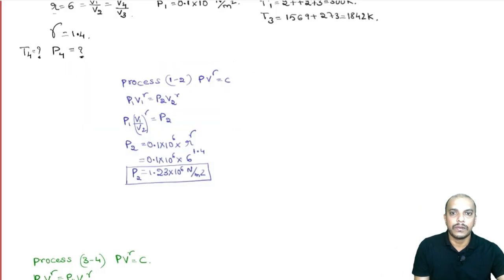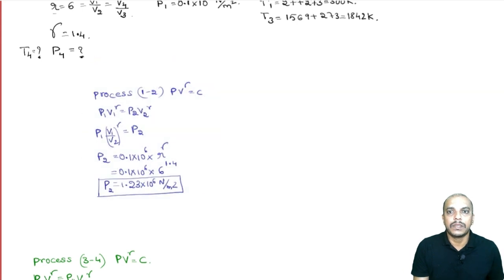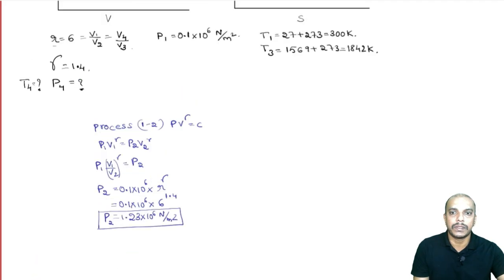The value of T2 can be found by using the same process 1 to 2, but as a volume and temperature relationship, all right. So, I will use the same PV power gamma is equal to constant. So, let us say P1 V1 power gamma is equal to, this is to find T2, all right.